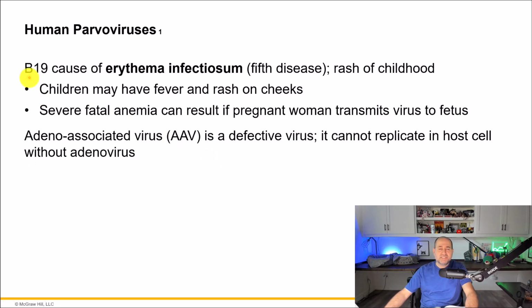For instance, B19 is the cause of erythema infectiosum or fifth disease, which causes a rash during childhood. Children may have fever and rash on the cheeks. Severe fatal anemia can result if pregnant women transmit virus to fetus.